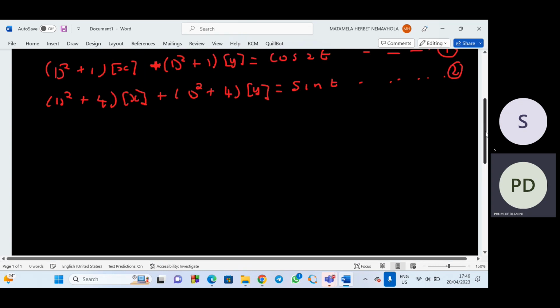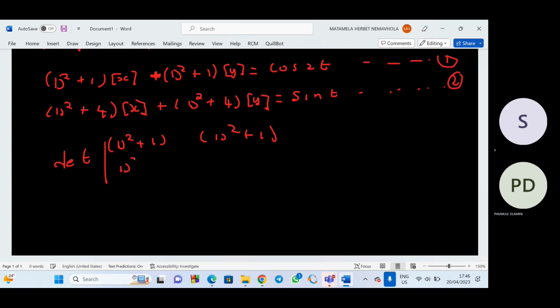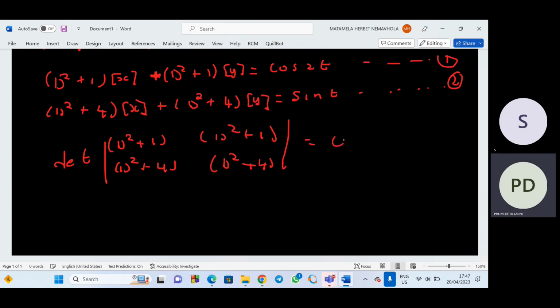So to prove that, you write the determinant: D squared plus 1, D squared plus 1 again, and on the other side D squared plus 4 and D squared plus 4 again, in absolute value, and it must equal 0.